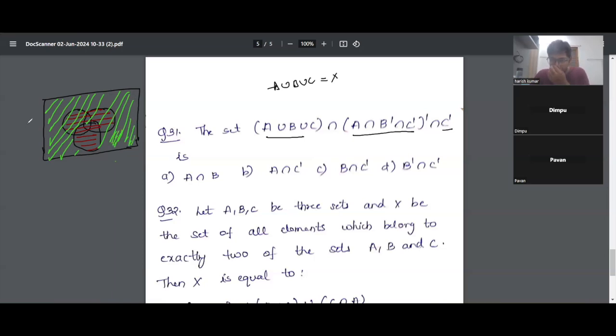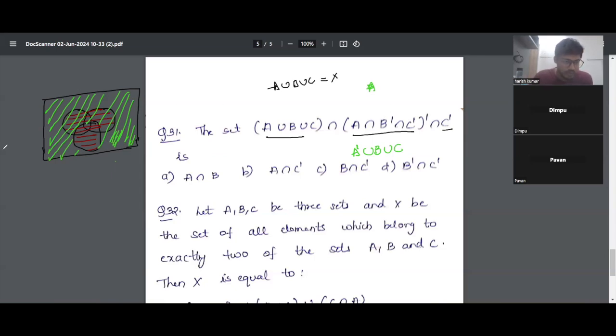Now I need A intersection B complement intersection C complement, which is nothing but the whole complement. Again, I have to take a complement, so this is nothing but A complement union B union C.